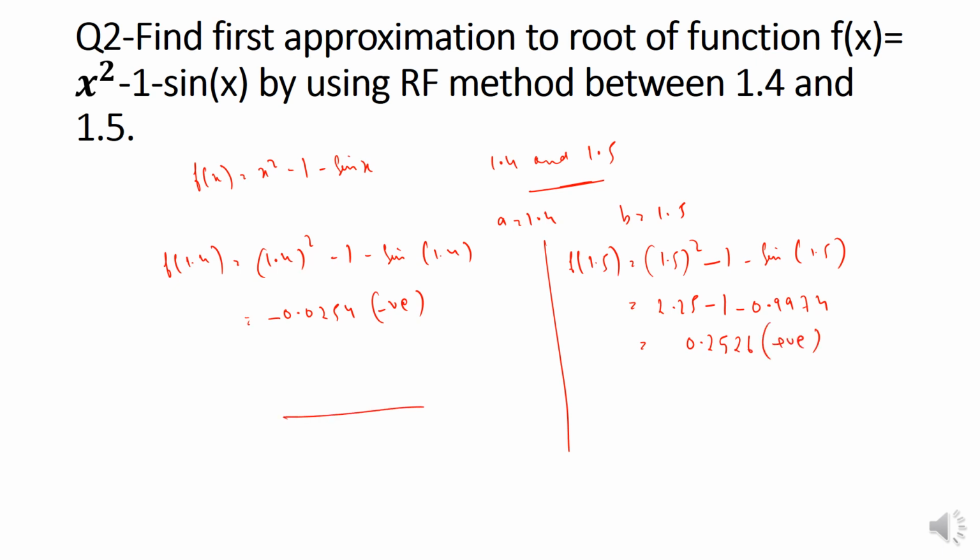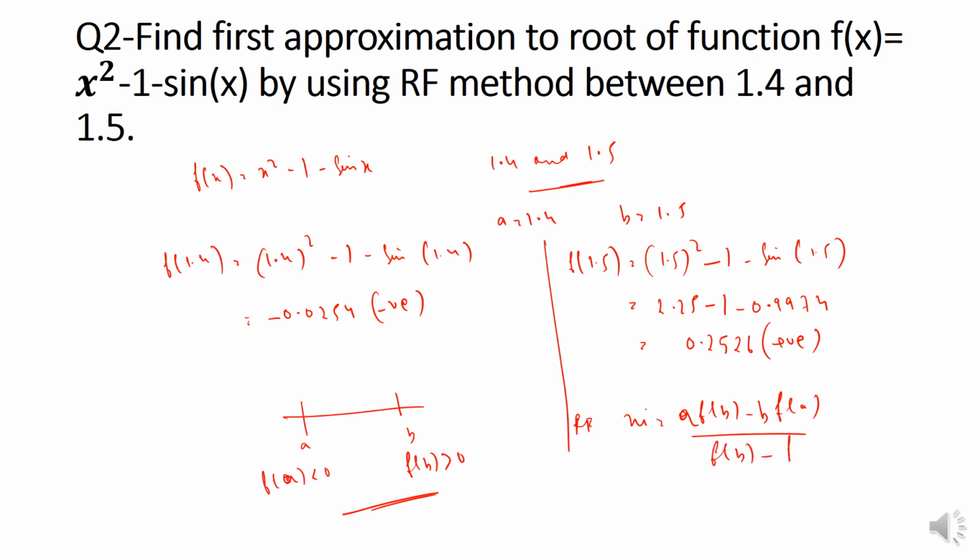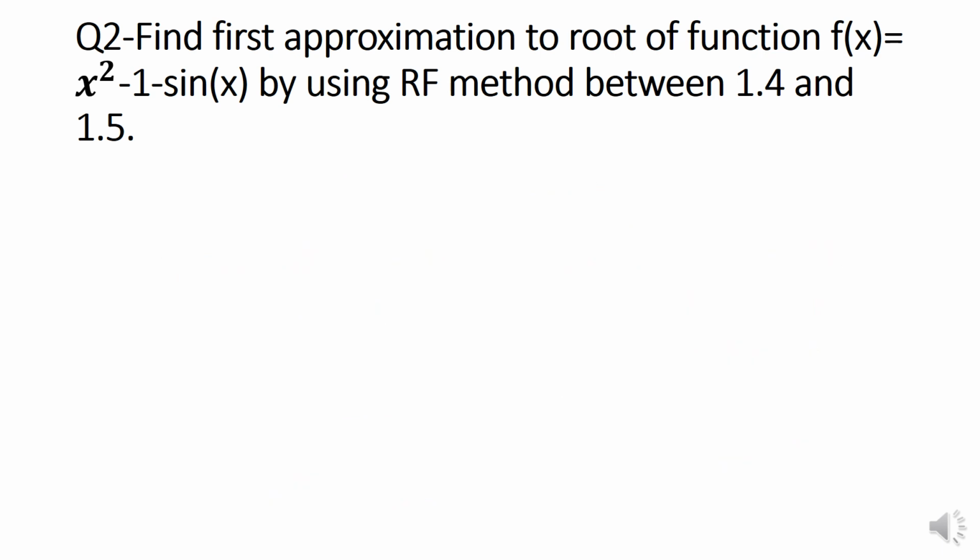So as we were discussing, we have a and we have b, f of a is negative and f of b is positive. Now I can use regula falsi. Regula falsi gives xi as a into f of b minus b into f of a by f of b minus f of a. Now we will see what is the answer to this. Let me write it down once again. f of x is equal to x square minus 1 minus sin x.